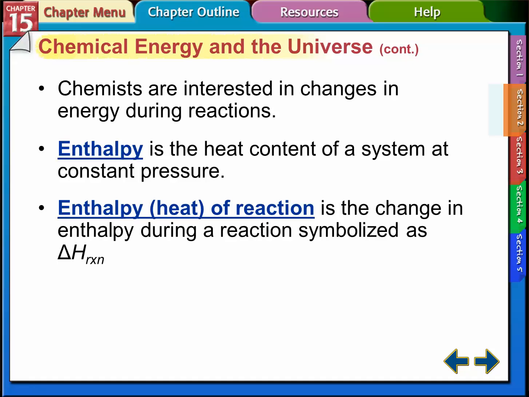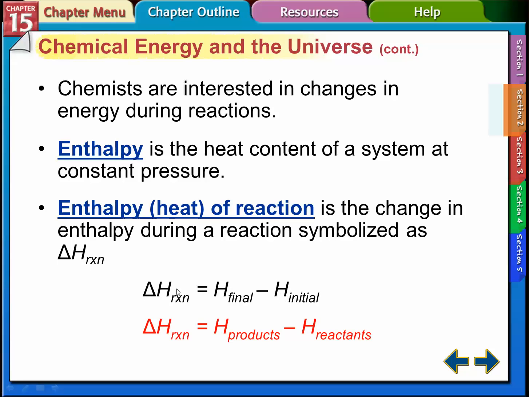The enthalpy of reaction, or heat of reaction, is the change of enthalpy, the change in heat in a reaction, and it's symbolized by delta H, where the RXN stands for reaction. The change in heat in a reaction is the final heat minus the initial heat, or more often we use this one in red, where the enthalpy of reaction is the heat of the products minus the heat of the reactants.